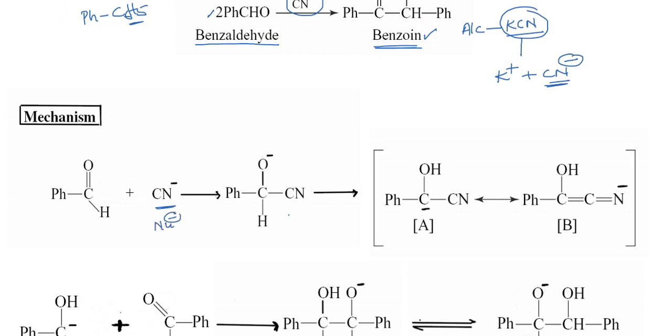This is an electron rich species, so it will act as a nucleophile, and again the reaction mechanism is the same. So when electrons are transferred over the oxygen, this carbon becomes electron deficient, so this nucleophile or CN minus ion या cyanide will attack over this electron deficient carbon atom, and this is the nucleophilic addition reaction.